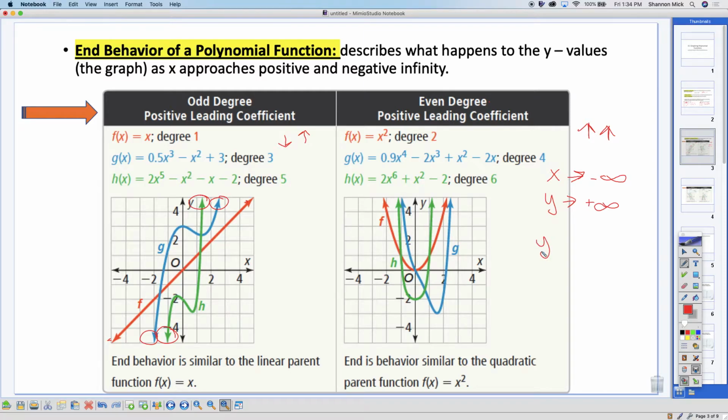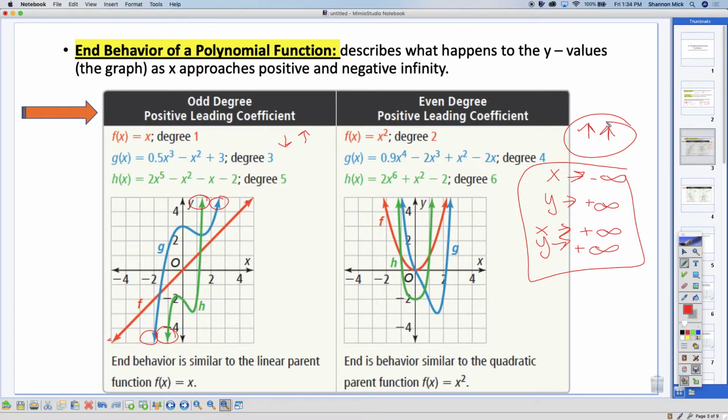And as x approaches positive infinity, y approaches positive infinity. So this is technically the math way to do this. But guess what we're going to do? Not do it. Up, up. Down, down. Up, down. Down, up.